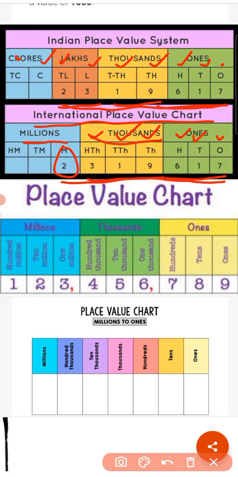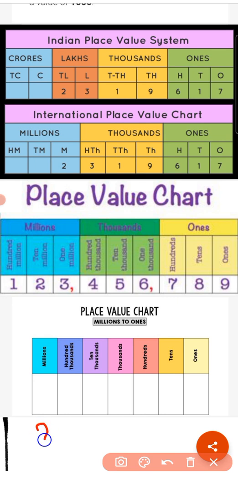So we can write this as 2, 319, 617. Read it as 2 millions, 319,617.